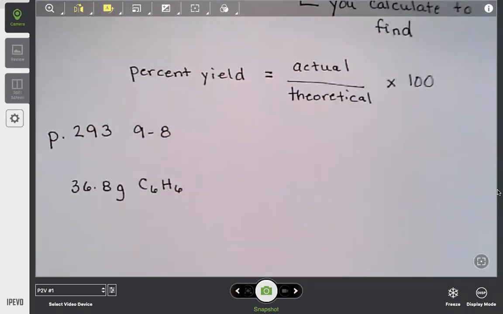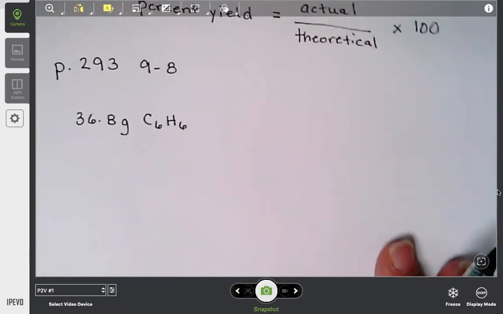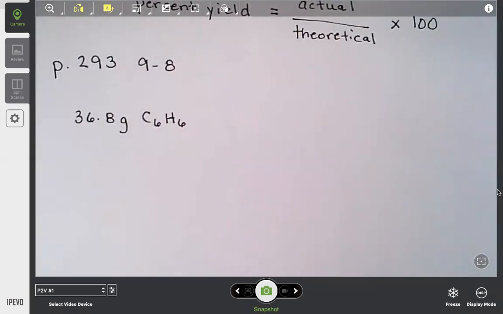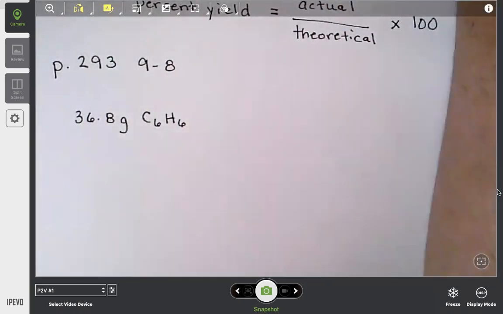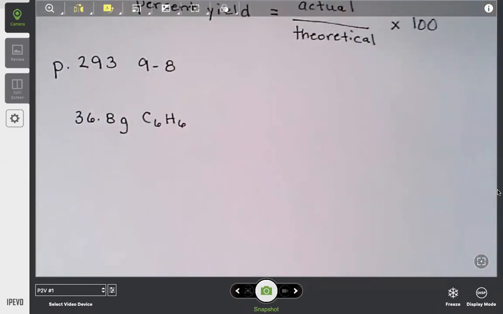So if we're going to do some mass-to-mass stoichiometry here, we got to start with our limiting reactant. This problem makes that very easy to find. So I'm going to start with benzene, and then I am going to do stoichiometry in order to determine how much of my product I could theoretically make. And if you look at the problem here, we are going to be looking at C6H5Cl, chlorobenzene.